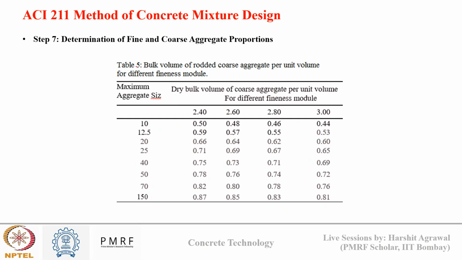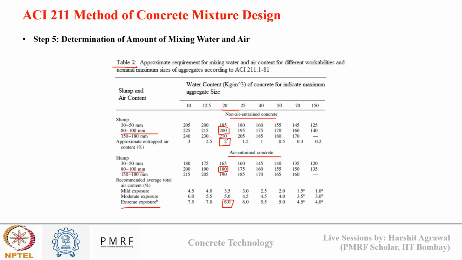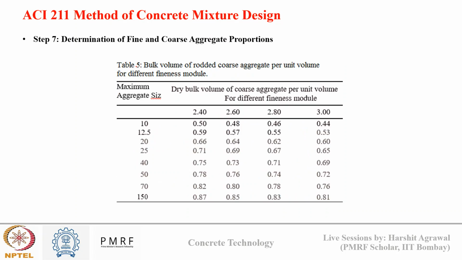Then in step 7, so step 6 is the determination of cement content that we can do easily once we know the mixing water and the W by C ratio. Step 7 is the determination of fine and coarse aggregate proportion that we can do from table 5. For this we need to know the maximum aggregate size and the fineness modulus of fine aggregate.